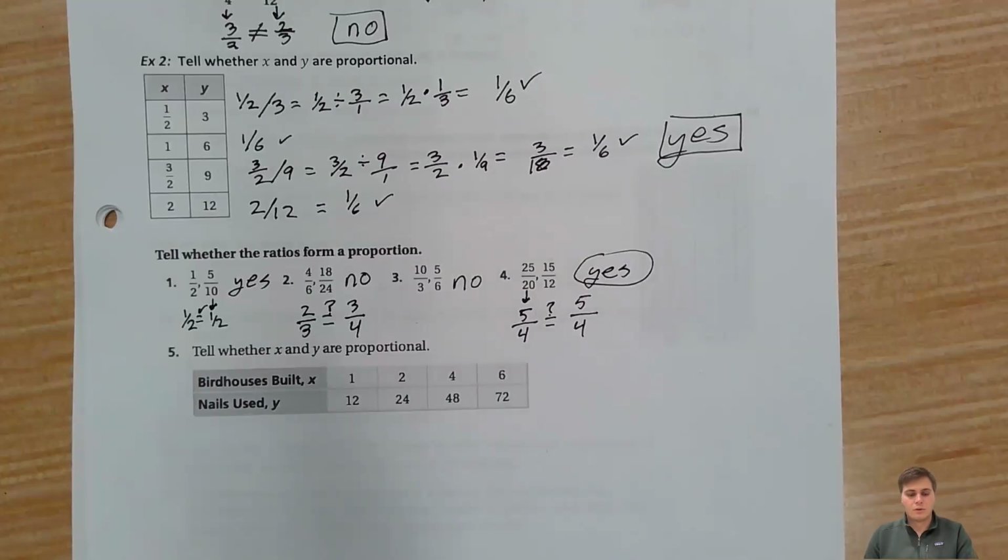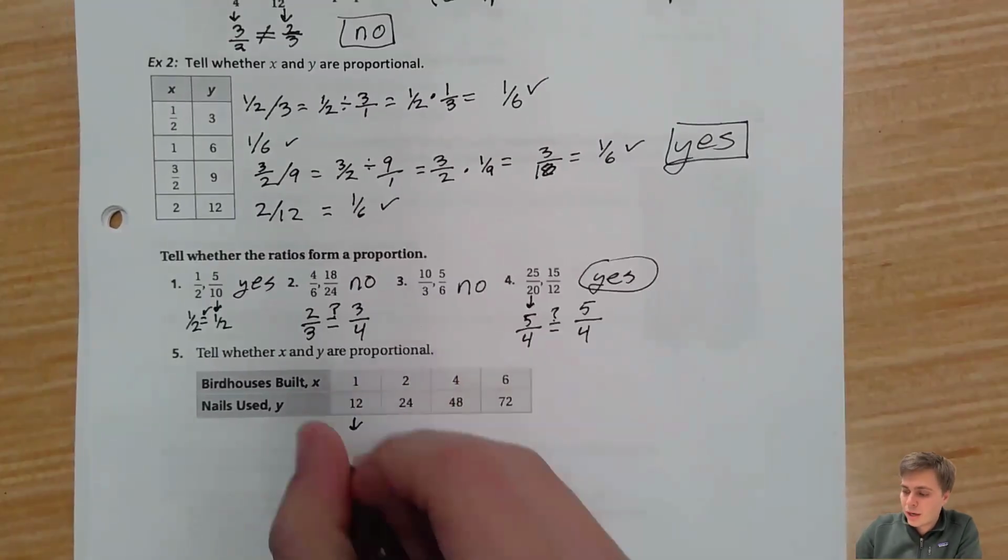Okay. What do we have here? We have tell whether x and y are proportional again. One more in the table form this time. Let's do the same thing that we've been doing. Let's simplify all these fractions. And it doesn't matter if it's y over x or x over y, as long as it is consistent there.